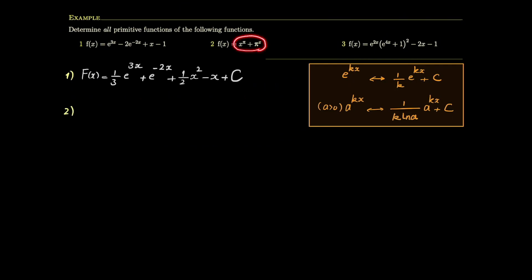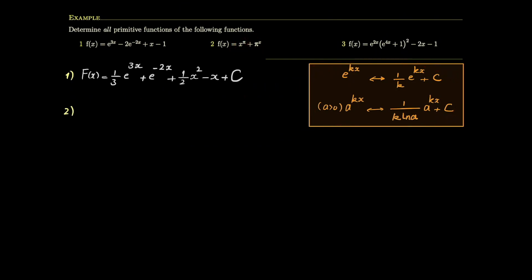I intentionally wrote it this way. By the way, it's very beautiful, isn't it? X to the power pi, pi to the power x. We want to find a primitive function for this one. Let us see how many of you will make a mistake there. Which one of these formulas is suitable for the first part? The second one. Okay, which one? Which one of these formulas is suitable for the first part?